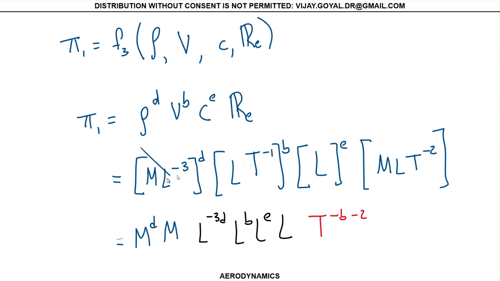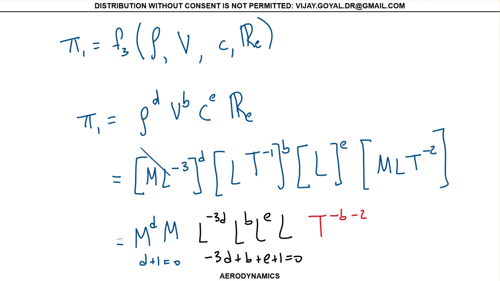What we want is for all of these exponents to be 0. From mass, d plus 1 has to be 0. From length, minus 3d plus b plus e plus 1 has to be 0.